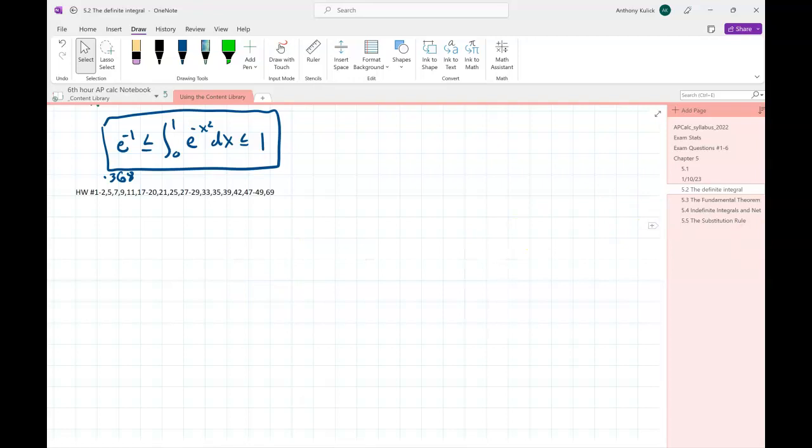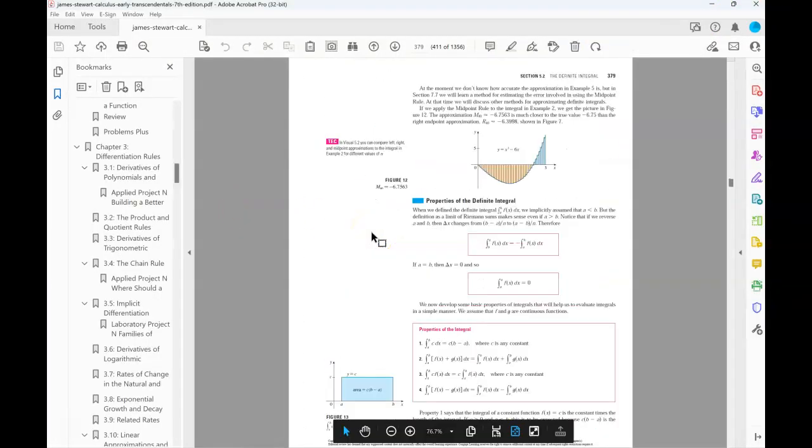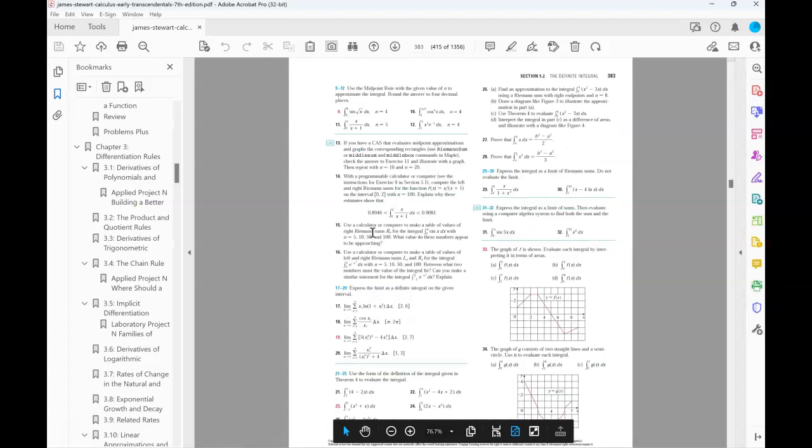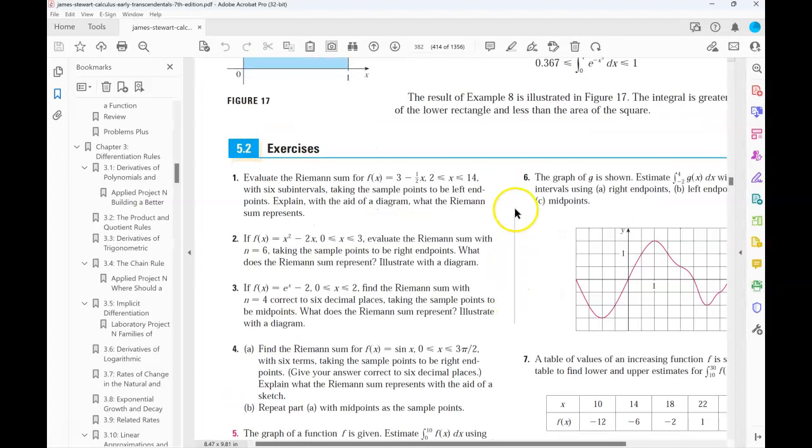It was just a line that crossed the x-axis. When you're trying to decide whether to use the left or right corner, you figure out which side, positive or negative, has more rectangles, and that's the lower or upper estimate. That makes sense. It was like number 7?